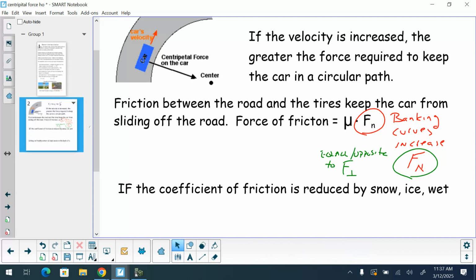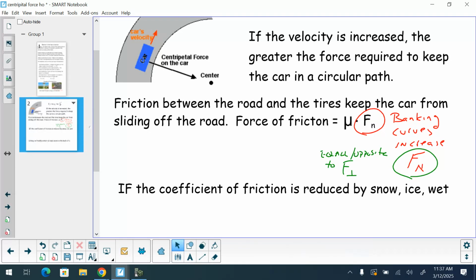I take my surface from this and then I bank it. Now my force normal is going into the bank. So my force normal is going to be greater because my surface is not flat anymore. Because my force perpendicular, once again, is perpendicular to the surface.